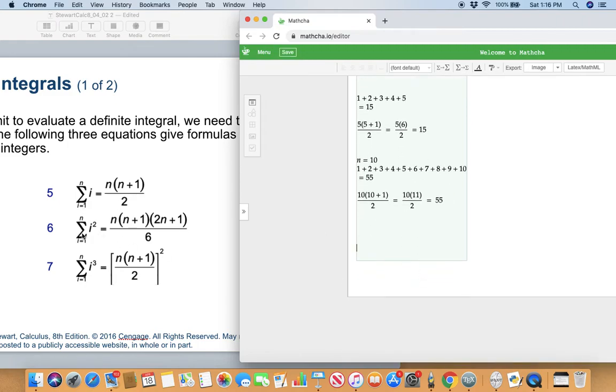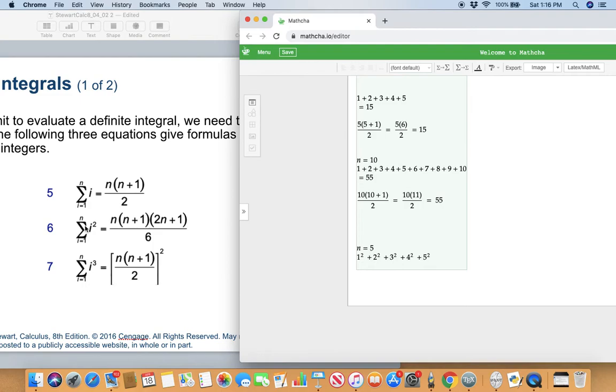It is some work to prove that that's true. Likewise, the second formula, I'm now taking squares. So say n equals 5. I'm now taking i squared. So 1 power 2 plus 2 power 2 plus 3 power 2 plus 4 power 2 plus 5 power 2.